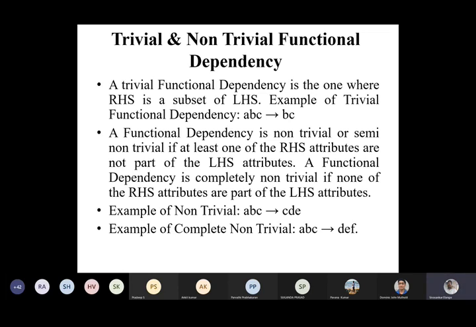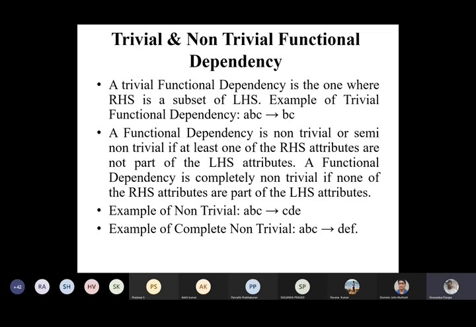So for example, A, B, C determines C, D, E, right? So here the attributes D and E are not part of the left hand side determinants. So it's going to be semi non-trivial functional dependency. You have only one attribute common in both the left hand side and right hand side.